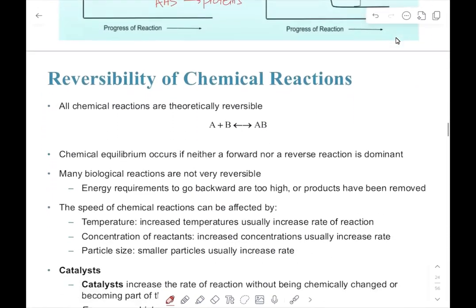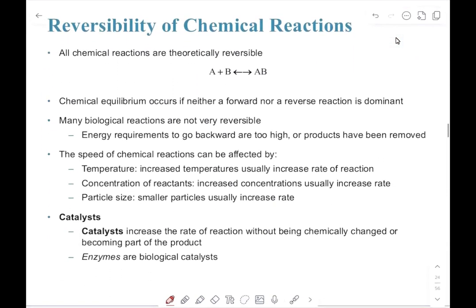So in the body, as I mentioned, these chemical reactions can go either way, depending on the needs of the body. So they are theoretically reversible. So we really represent them with a double-sided arrow. And again, the reaction is going to go one way or the other, depending on what the need is for homeostasis.